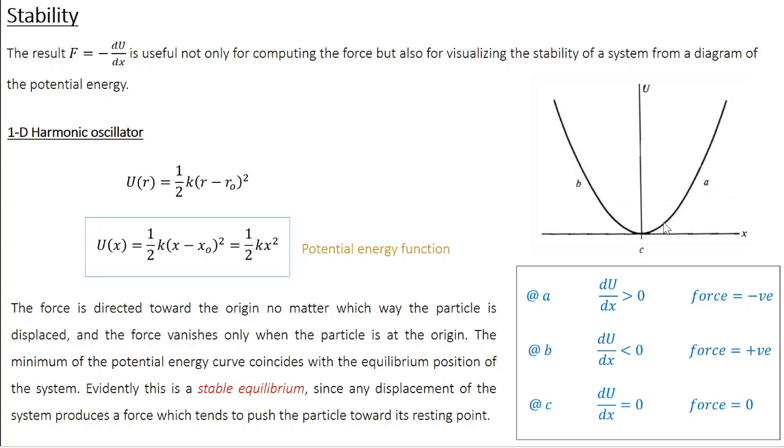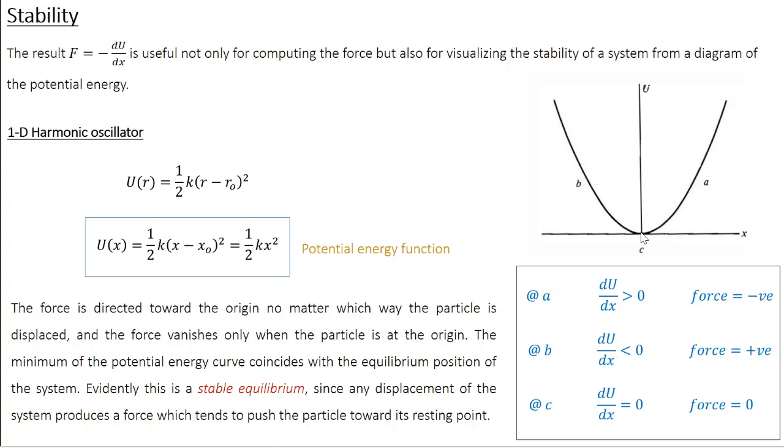So the force will act in such a way that the object will be brought back to the equilibrium position. On the other hand, if you displace the object slightly towards the left, the force is positive, so it will act in such a way that the object will be brought back to the equilibrium position. So that's why we call this a stable equilibrium position.